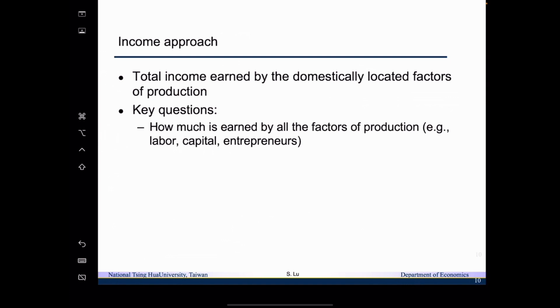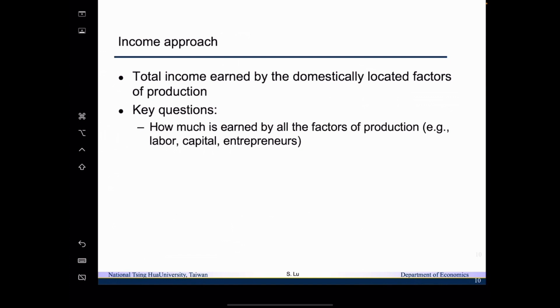And profit is the trickiest part because a lot of times the question will tell us how much we pay for the labor, how much we pay for the capital, and then it will imply how much the profit is. It could be zero profit, it could be positive profit, we don't know.